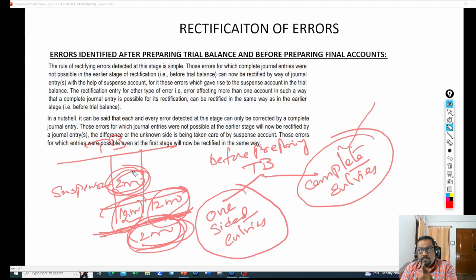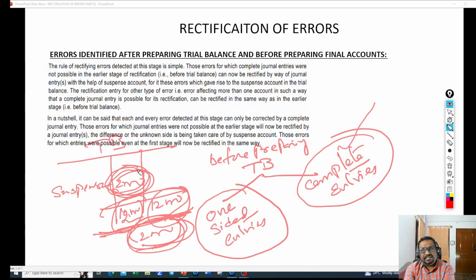But what is your responsibility? You need to identify the reasons for this difference and you need to rectify them. So, you know the difference is lying in suspense account now. Correct? Now, you started identifying the errors. Once you identify the error, whether it is one-sided or whether multiple accounts got impacted, here in this stage, you always get complete entry.